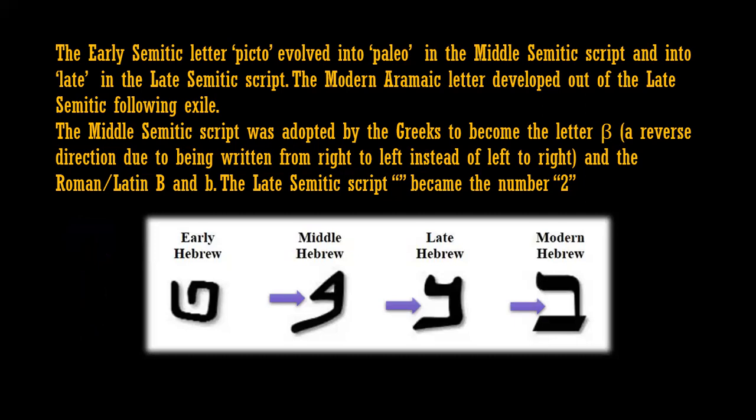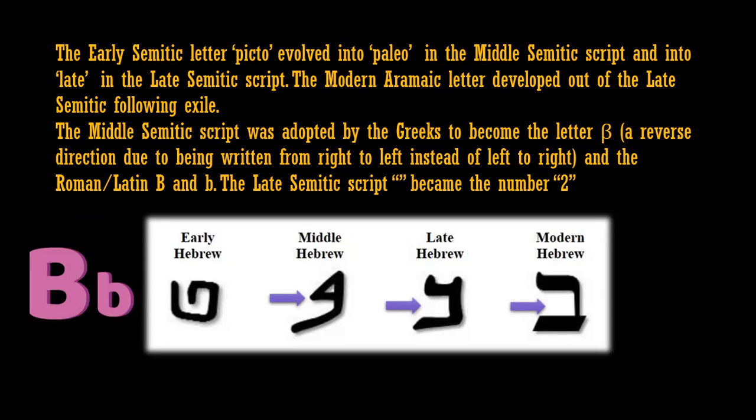And the Roman or Latin B also came from the middle script, which followed the Greek beta as well. So we can see how the form evolved from the middle script to the beta, and then to the Latin and now English B.